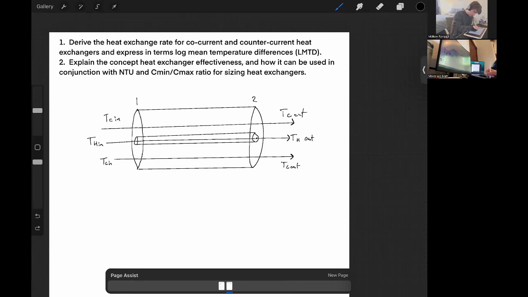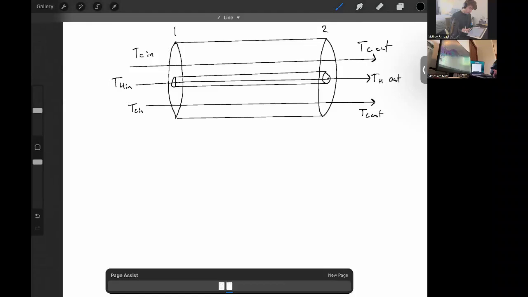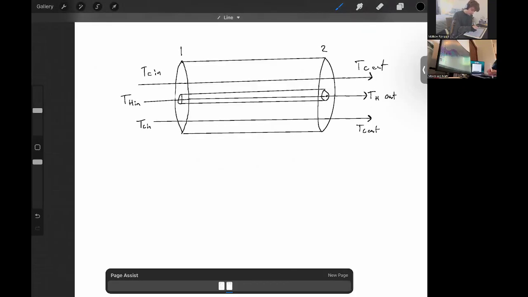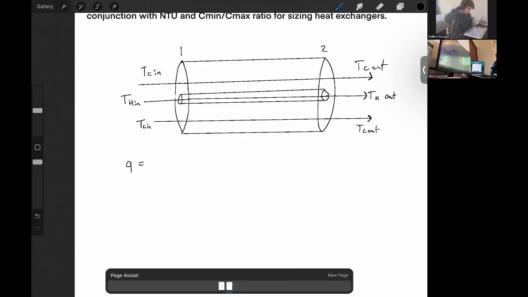So what we're going to solve for is an expression to describe the heat exchange rate for this system. We have to first consider the relationship for the heat of the system and some overall thermal heat transfer coefficient, right? So let's go ahead and find heat. We have Q over here.